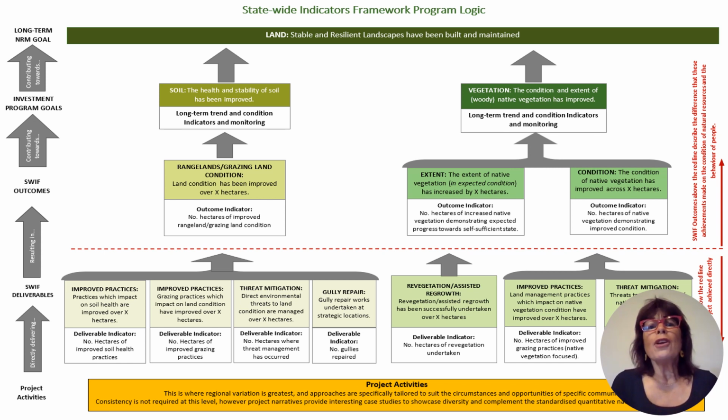As I said, the logic is a really, really important aspect of the Statewide Indicators framework because everything flows from that. The selection of your methods, the data collection tools that you will use, and the way you map your project is largely dependent on where your project sits within the program logic.